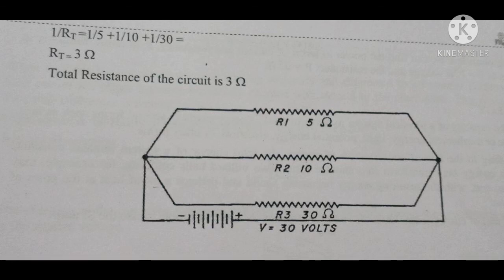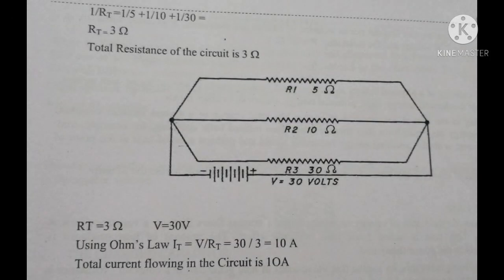We can see that 1 by RT equals 1 by 5 plus 1 by 10 plus 1 by 30, because we have already seen that to find the total resistance of resistors in parallel, we have to do 1 by R1 plus 1 by R2 plus 1 by R3 up to the nth term. Similarly, we have done 1 by 5 plus 1 by 10 plus 1 by 30. Then R total is 3 ohm. Therefore, the total resistance of the circuit is 3 ohm.